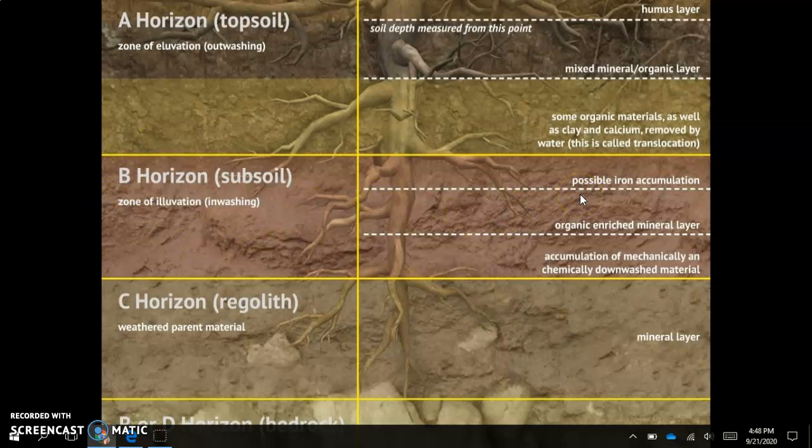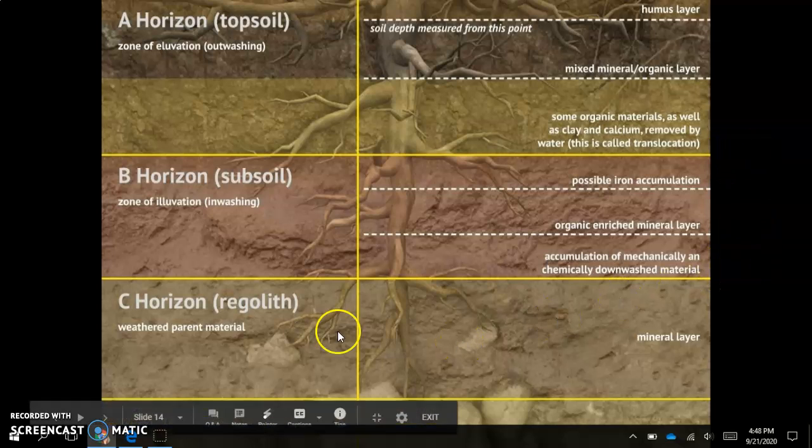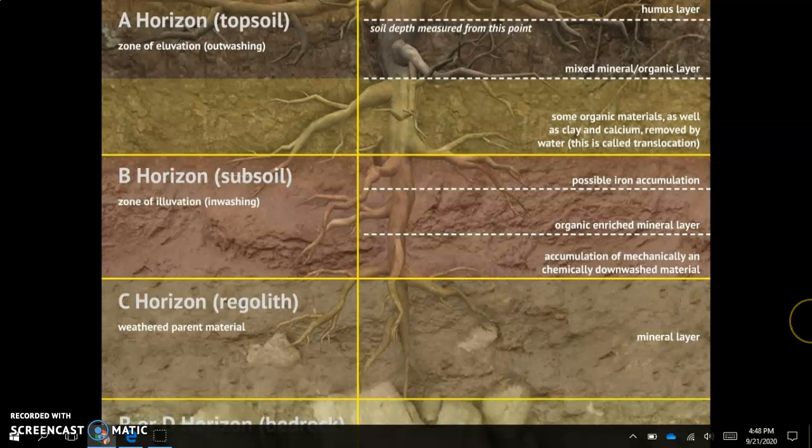So this is where we've got kind of things like iron accumulation and accumulation of mechanically and chemically downwashed material. I'm not super concerned about you guys knowing that. Again, the major things for soil are going to be understanding the basics of the horizons, and then also reading the soil texture triangles. And then the C horizon is the regolith, and this is the mineral material or the mineral layer from the parent material. And then you've got your B or D horizons, which are your bedrock.